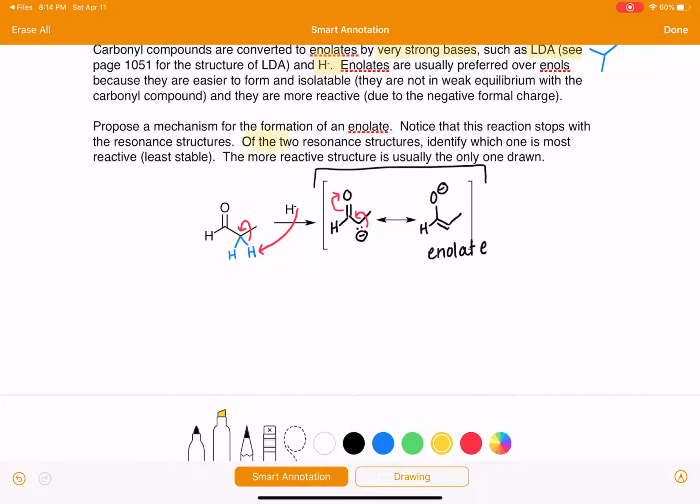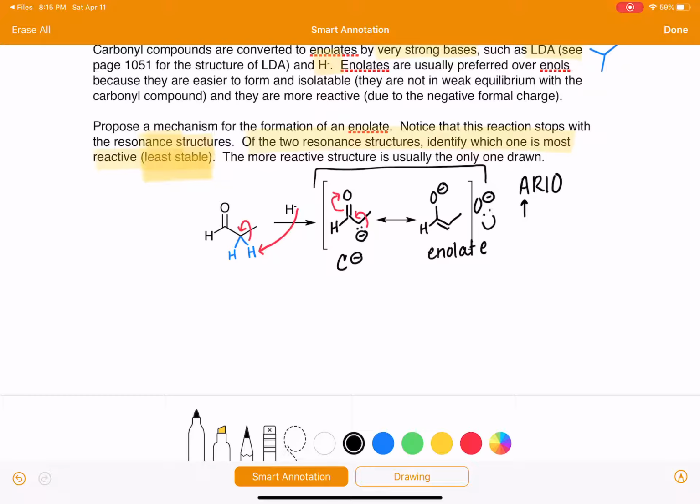Of these two structures that we drew, which is the one that is the most reactive, which also means least stable? We're going to use ARIO to help us. Never forget ARIO. A stands for which atom has the negative charge. Here we have a carbon with a negative charge. Here we have an oxygen with a negative charge. Of those two, carbon versus oxygen, which one is better equipped to have a negative charge?